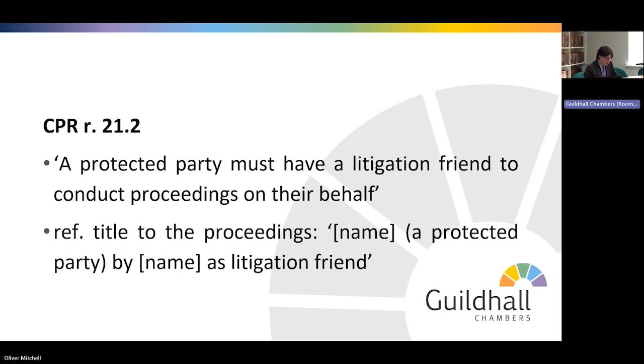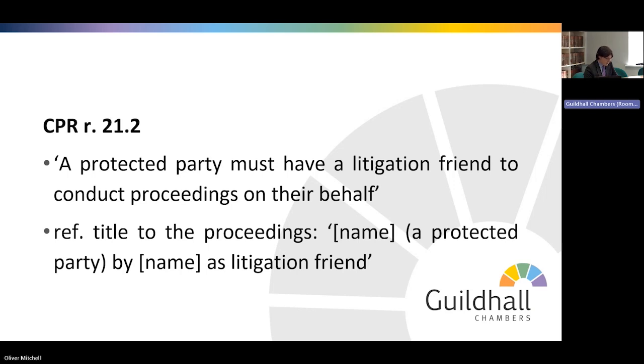There is no broader duty on a litigation friend as such to act in the party's best interests more widely. But of course, if the litigation friend is also an attorney or deputy, then they will have that duty as part of that capacity, as part of that role.